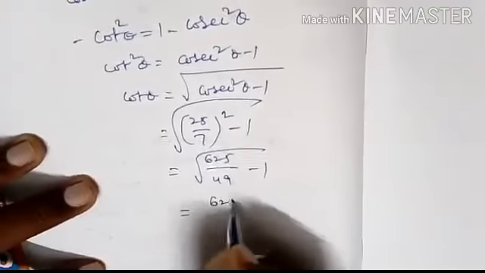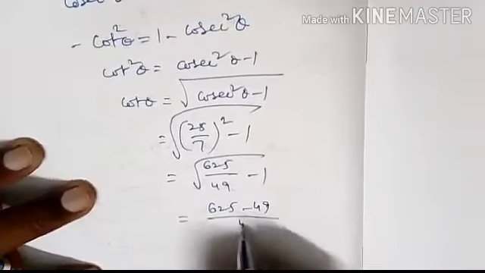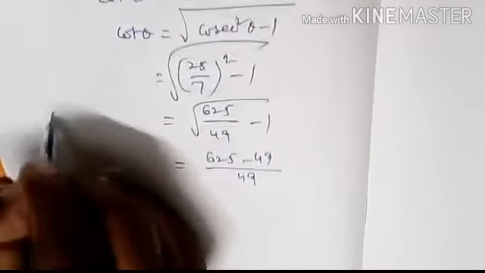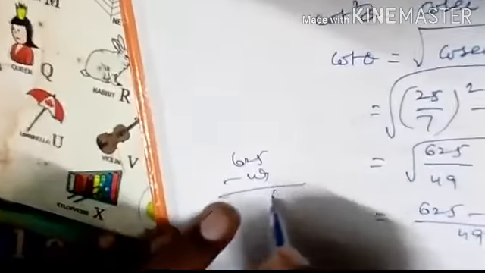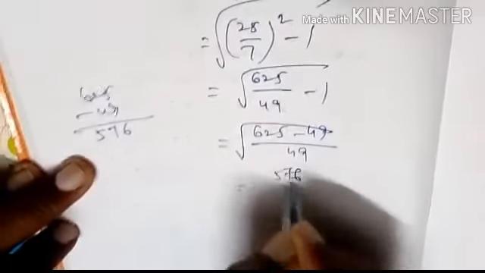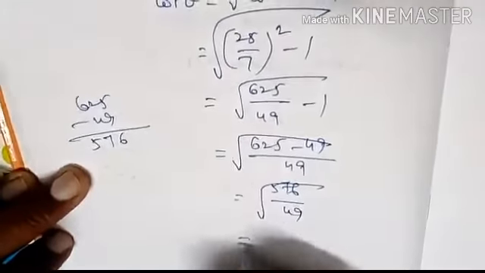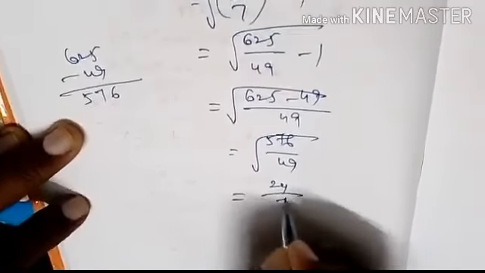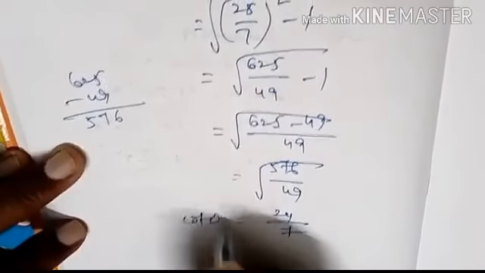So 625 minus 49 by 49. 625 minus 49, we get 576. So 576 by 49. 576 means 24, so 24 by 7 is equal to cot theta.